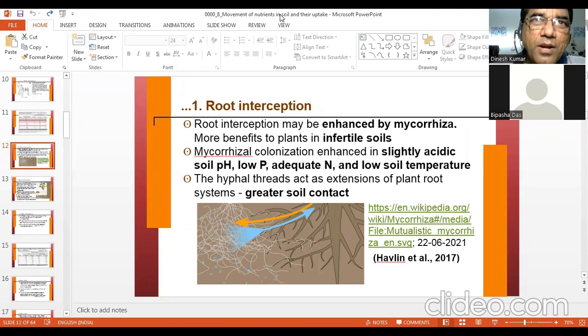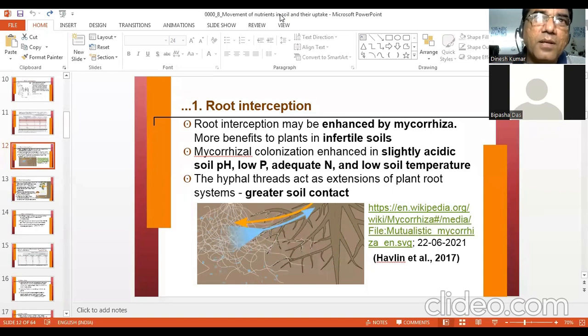We should not call endomycorrhiza as VAM. They should be called AM fungi, arbuscular mycorrhiza fungi, because not all of the endophytic mycorrhizal fungi were always making vesicles. Vesicle is a structure of the fungus. So then their name was changed to AM fungi.